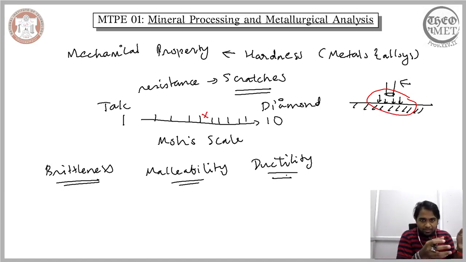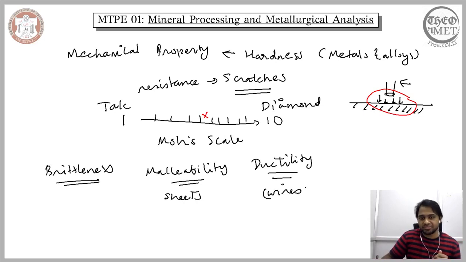Like malleability, it involves transforming the shape of a mineral into sheets; ductility involves drawing a given shape of a mineral into wires. So this involves transforming the minerals into sheets, and this involves transforming the minerals into wires.